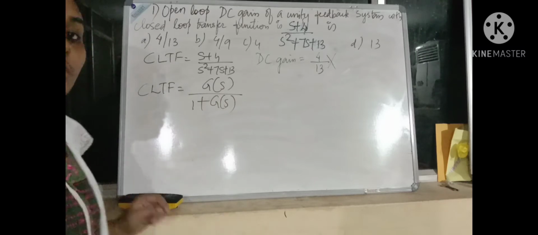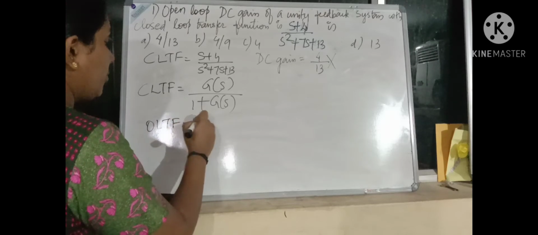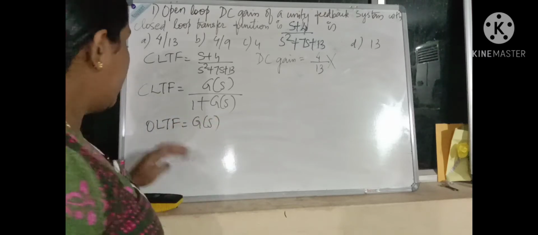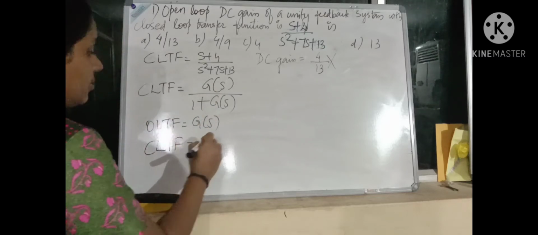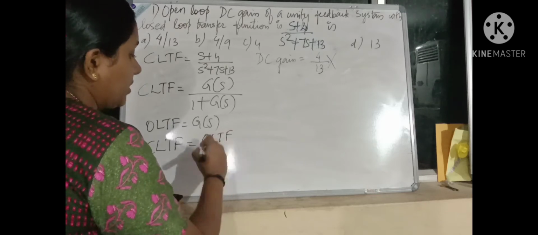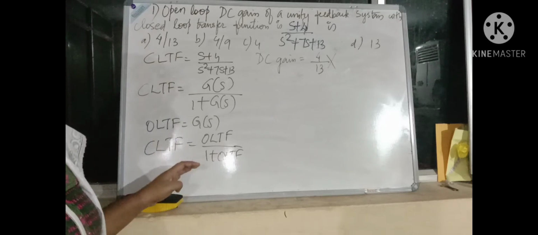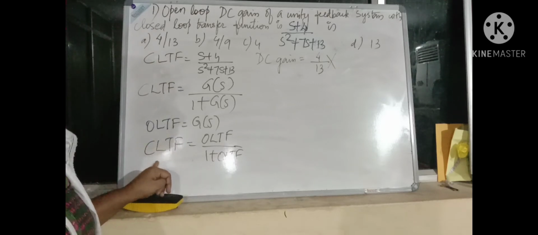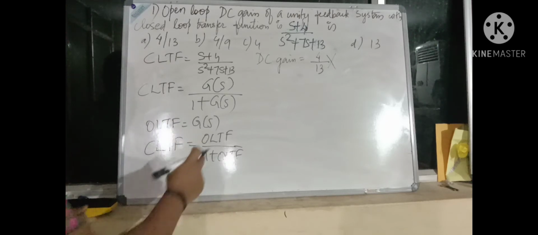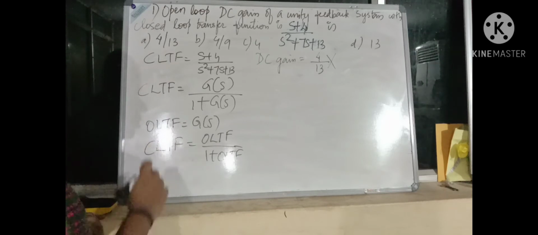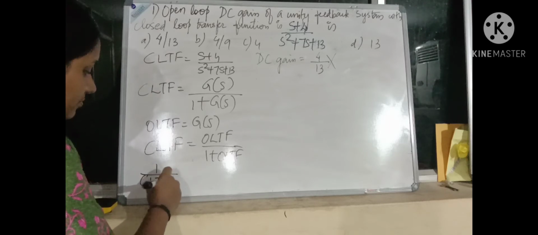Here the open loop transfer function will be equal to G of s. So, clear? Just substitute OLTF over here. We'll get the closed loop transfer function as open loop transfer function divided by 1 plus open loop transfer function, right? This is the relation between the closed loop transfer function and the open loop transfer function. From this we can easily find the open loop transfer function, because our closed loop transfer function is given here. Okay, just take the reciprocal.